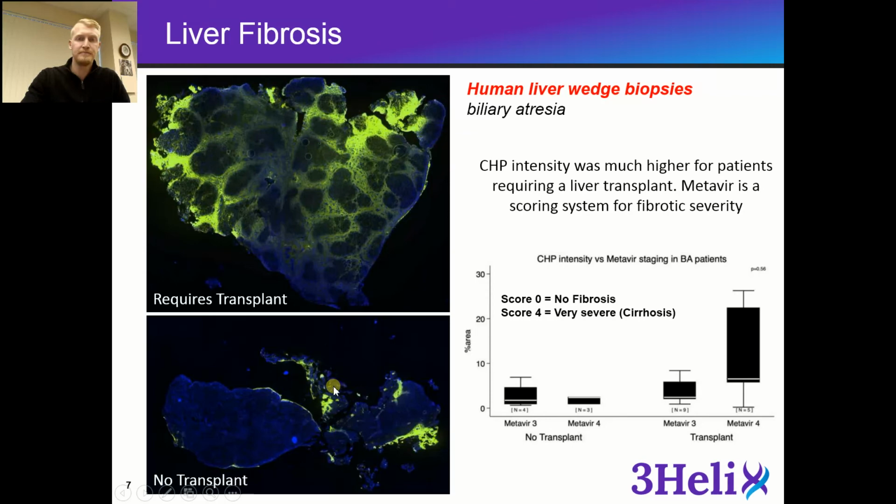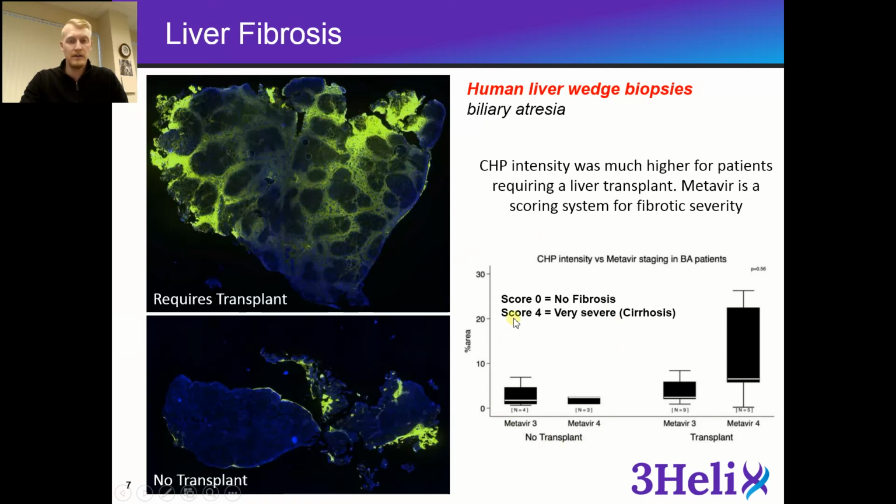So what we were able to do, the clinicians were able to score this signal intensity, quantify it, and compare it to the Medivir scoring system already in place for liver fibrosis. So a score of 3 and 4 is very fibrotic, and what we have here is the patients that went into surgery with a Medivir score of 3 or 4, and then after the surgery they did the biopsy.